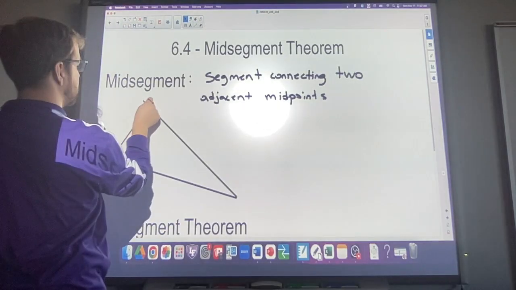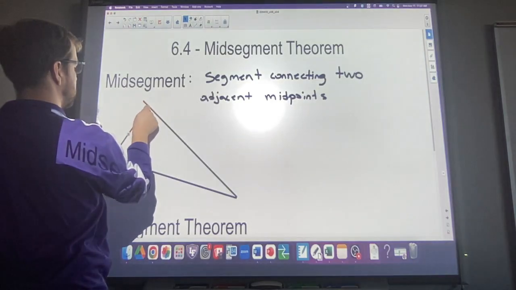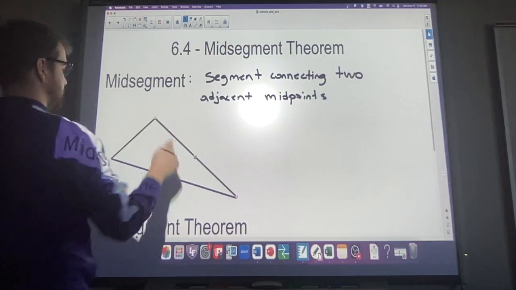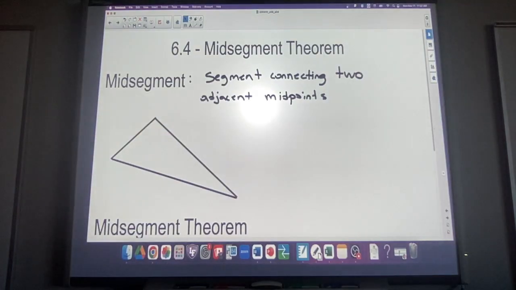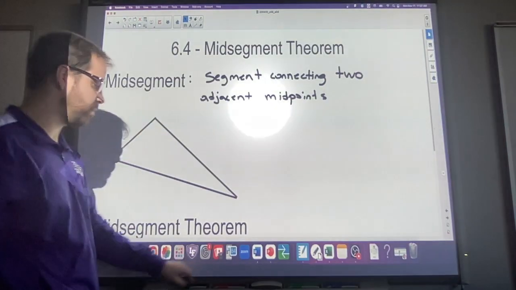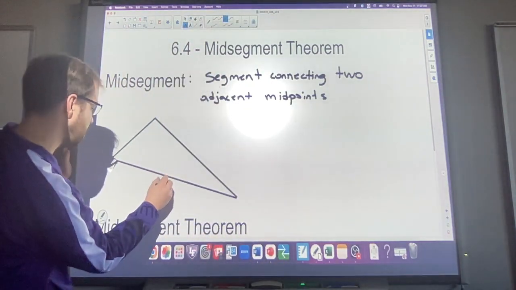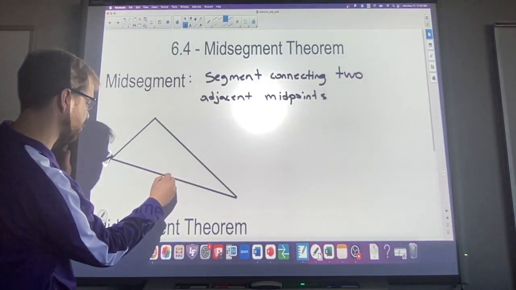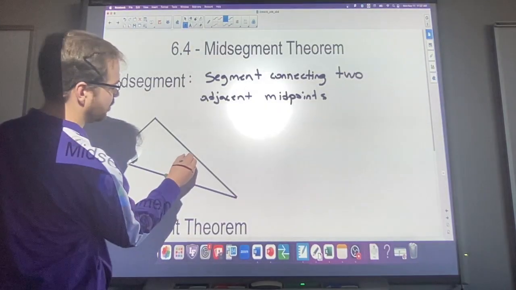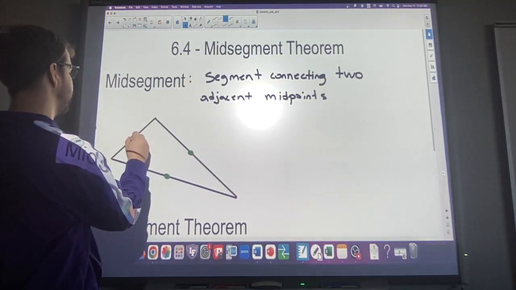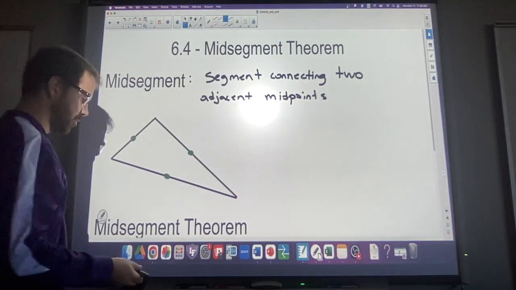Now what we're going to do is make a midpoint on each side, kind of like we do for medians, but we're not going to connect them in the same way. So if you have a ruler, just measure the middle. If not, it's fine. If you guesstimate, it should work out close enough for our needs here.